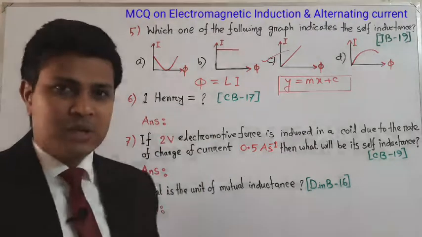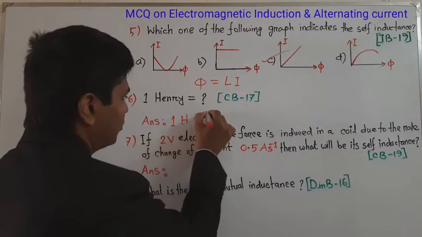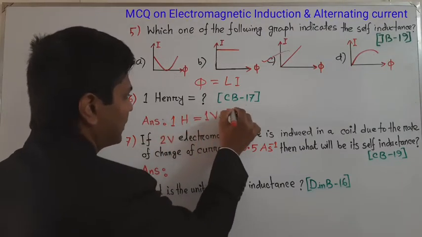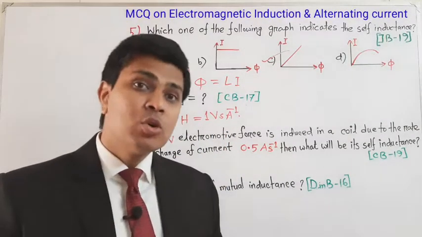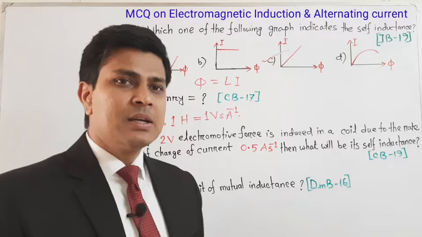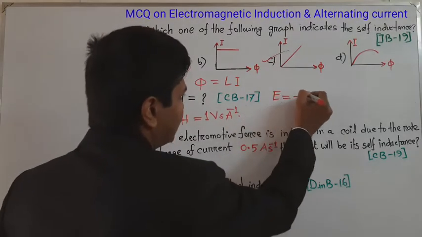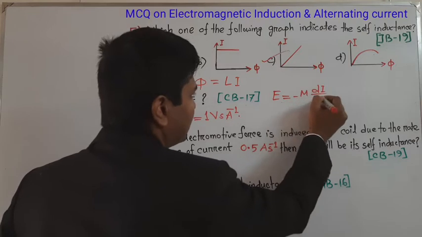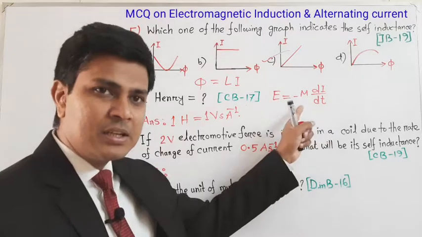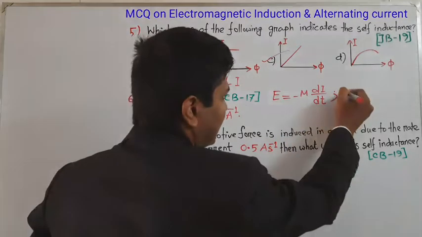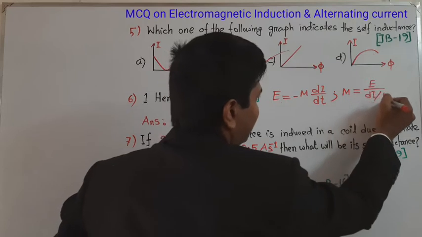Next question, question number 6. 1 Henry equals what? You know 1 Henry equals 1 volt second per ampere. Let's see the question in detail. You know the relation of electromotive force and inductance is E equals minus L di divided by dt. Now if you want to calculate the unit of inductance, that is Henry, then you can write L equals E divided by di divided by dt.